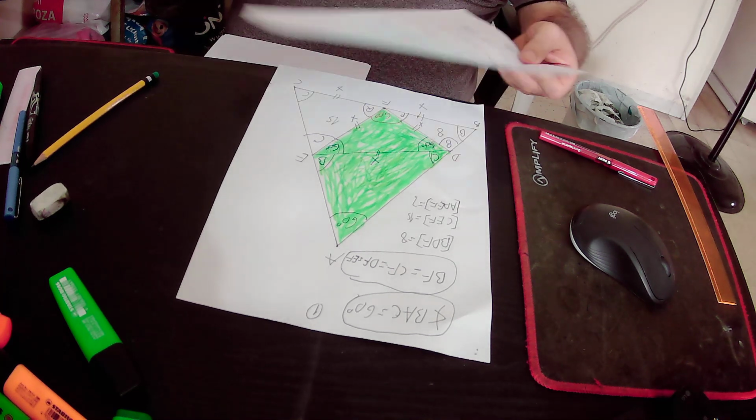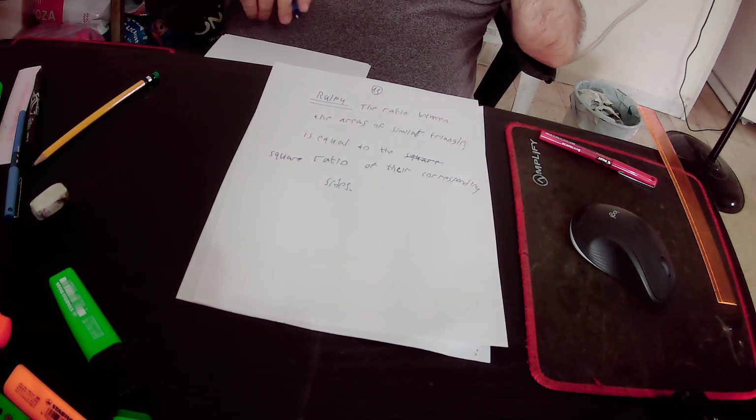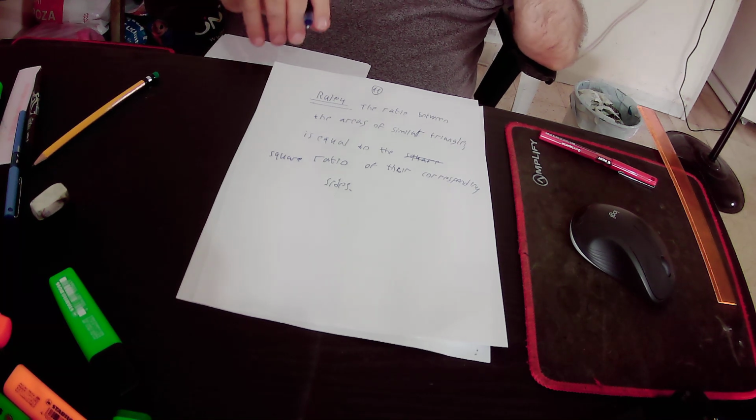So I will read rule number 4 again. Rule number 4 states that the ratio between the areas of similar triangles is equal to the square ratio of their corresponding sides.